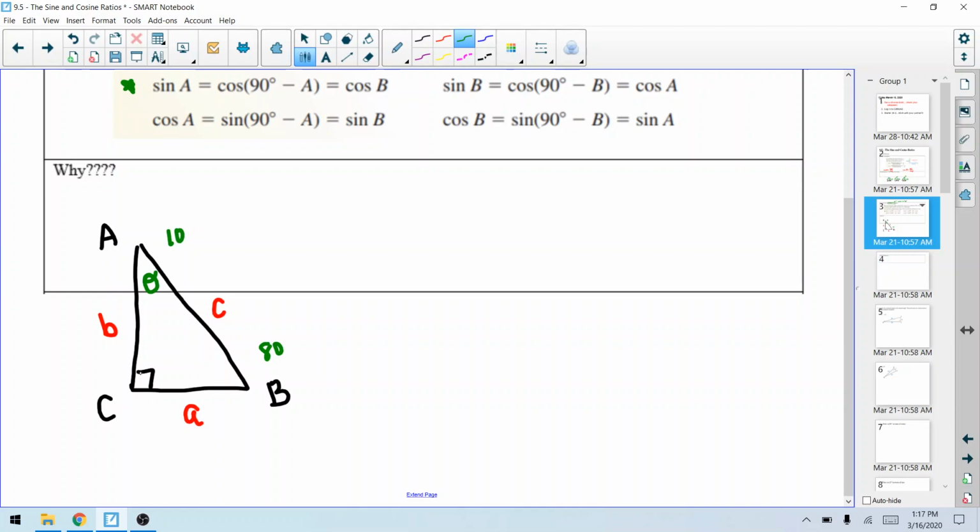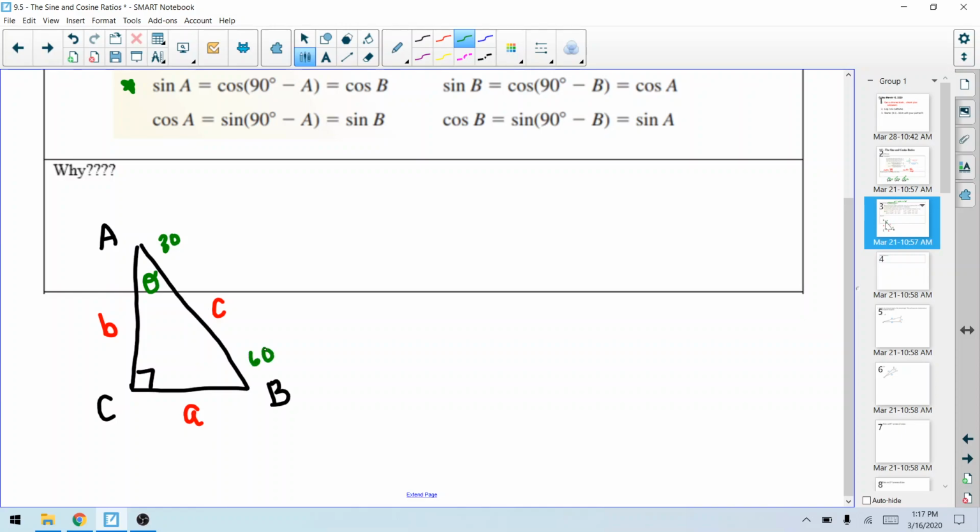So we've got 90 degrees, 80 degrees, 10 degrees, add them all up, 180 degrees. Now I'm going to change it. What if I made this 20 degrees? Well, I'm hoping you're thinking this is now 70 degrees, because once again, A and B have to add to 90 degrees. Let's try this one more time. What if I made angle A 30 degrees? Then angle B would have to be 60 degrees.